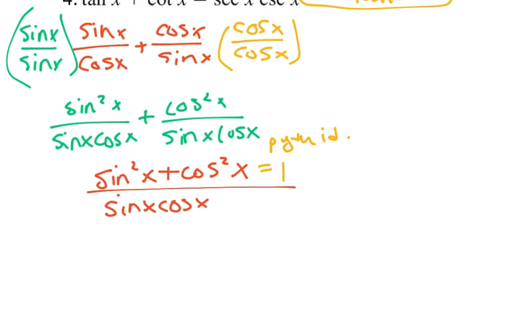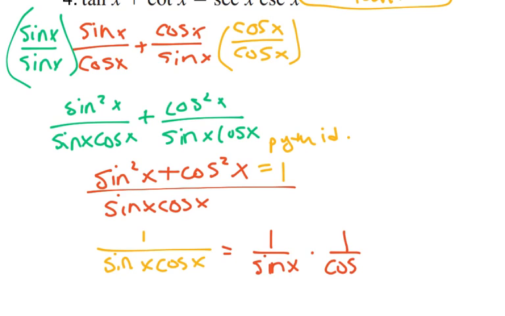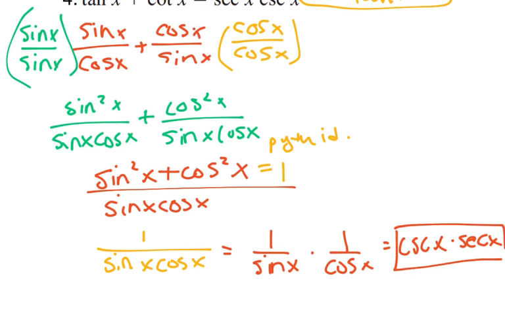And so then we end up with 1 over sine x cosine x. And that's almost the end because, of course, that's 1 over sine, which is cosecant, times 1 over cosine, which is secant. There it is.